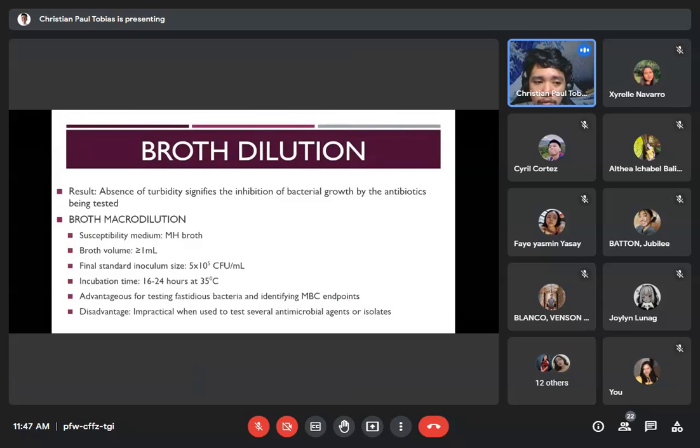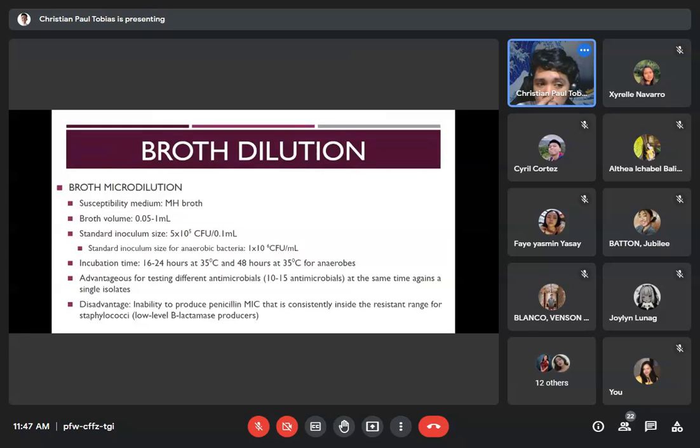That is why broth microdilution is used more. The same medium, MH broth. The volume is 0.05 to 1 ml. What was it again in macrodilution? Greater than or equal to 1 ml. Standard inoculum size, the same, but for anaerobic bacteria you will use 1 times 10 raised to 6 CFU per ml.